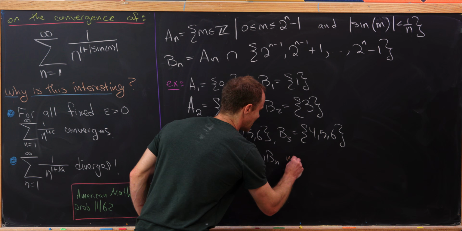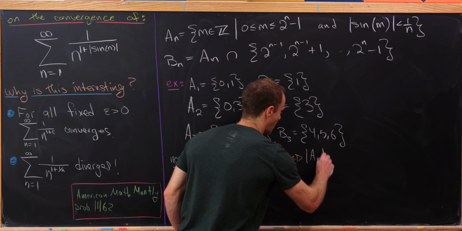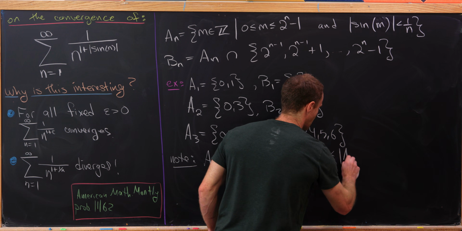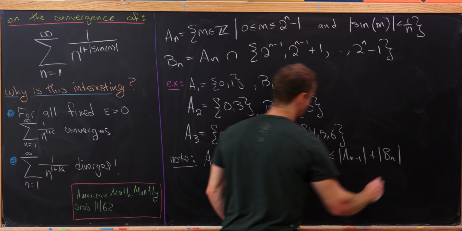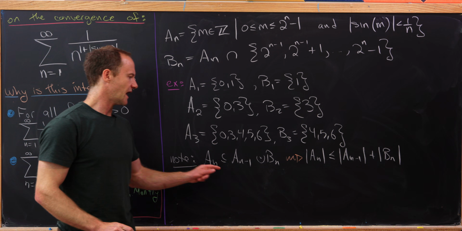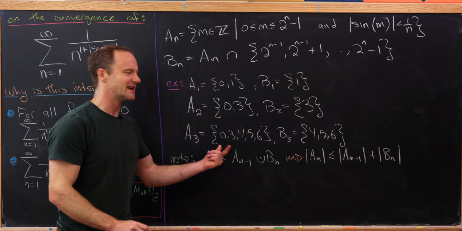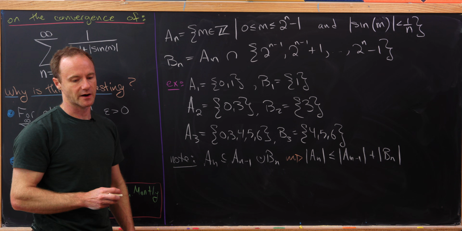Okay, well, what does this say about the size of these sets? Well, that means that the cardinality of a sub n is in fact less than or equal to the cardinality of a sub n minus 1 plus the cardinality of b sub n. And let's underscore here that we had a disjoint union, so taking the cardinality of a disjoint union, you truly get the sum there.